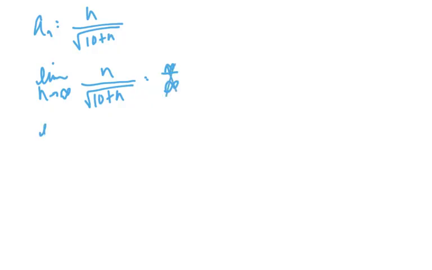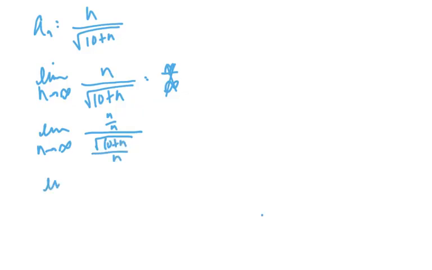Now you're supposed to divide by the highest power of n in the denominator, but you want to do integer powers. So let's divide by n. So we're going to put n over n here. And the square root of 10 plus n over n.